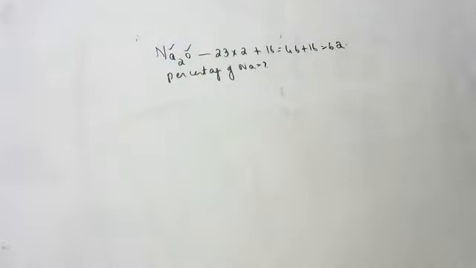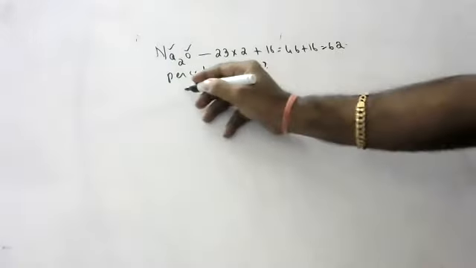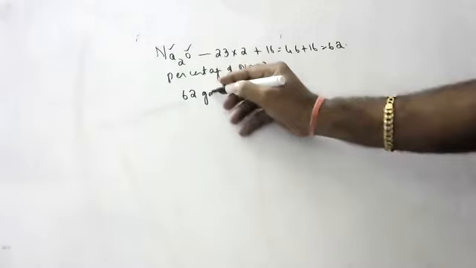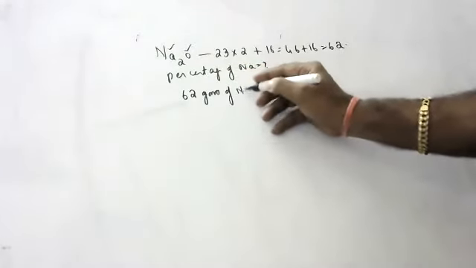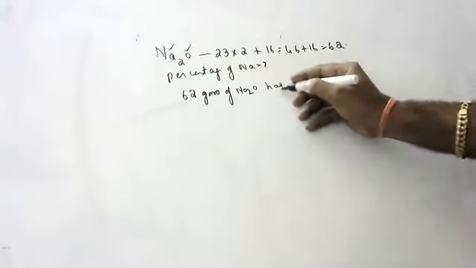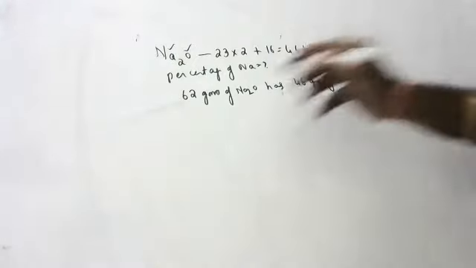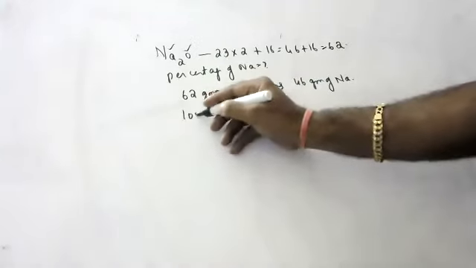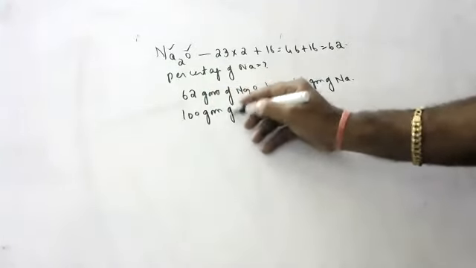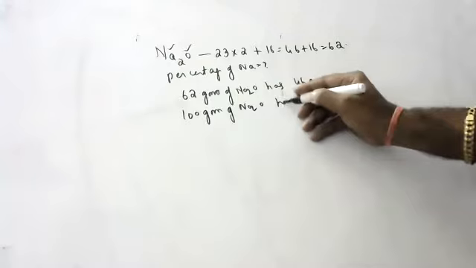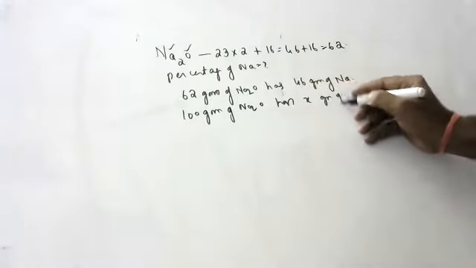62 grams of sodium oxide has 46 grams of sodium. Now percentage means 100 grams of sodium oxide has how many grams of sodium?